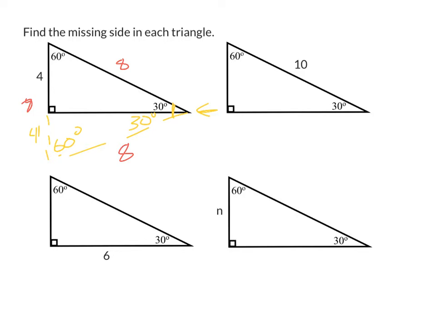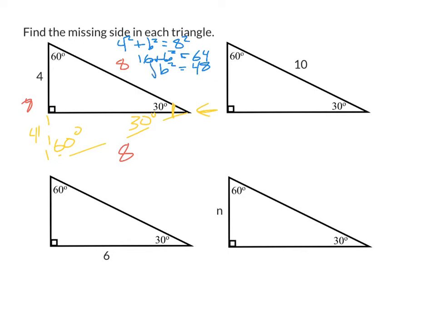Doing the Pythagorean theorem, I have 4 squared plus my missing side, we'll call that b, so b squared equals 8 squared. 4 squared is 16, plus b squared equals 64. When I subtract 16 over, b squared is going to be 48.